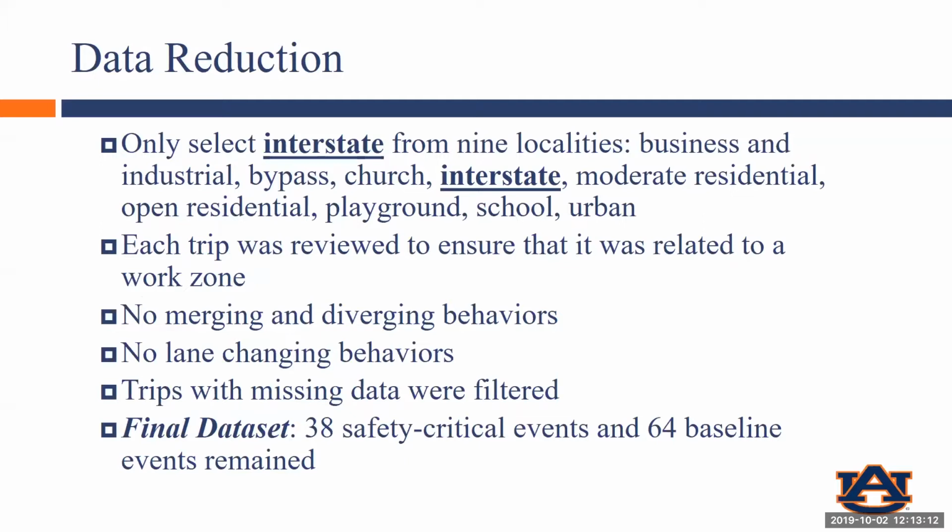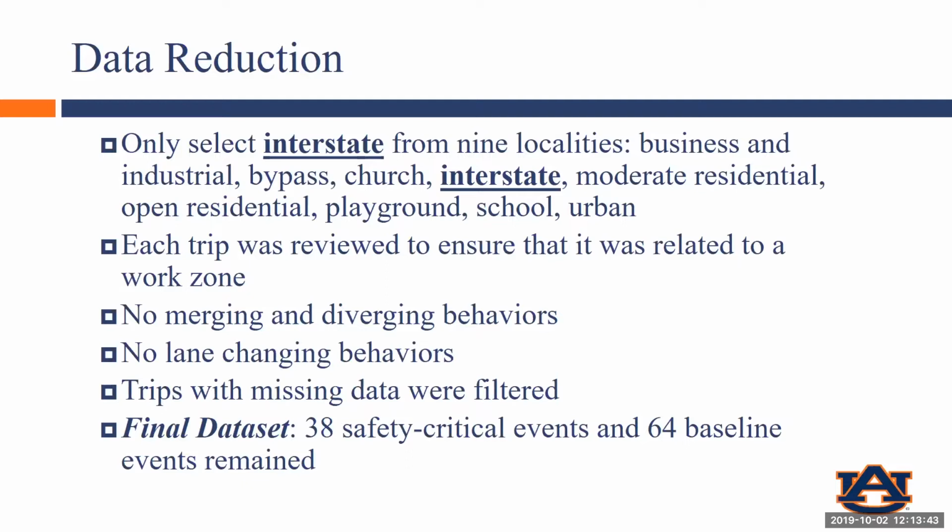For the data reduction, we only select interstate, not arterials with intersections or anything like that, only freeway, from 9 different locations, including business, industrial, bypass, and residential. We look at all these variables and only include interstate.